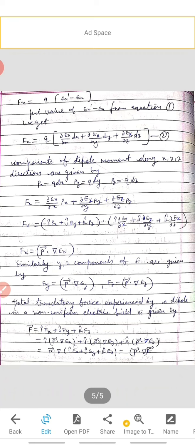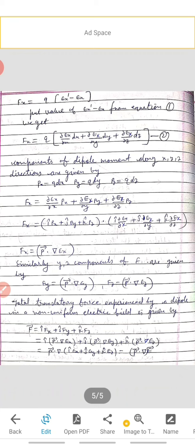And we can arrange the equation as Fx is equals to i cap Px plus j cap Py plus k cap Pz dot i cap del by del x Ex plus j cap del by del y Ex plus k cap del by del z Ex. And if we write this equation in terms of the gradient, then we can write Fx is equals to P dot del Ex.